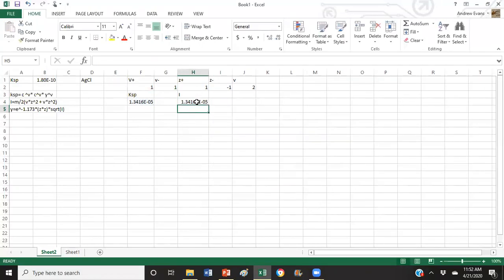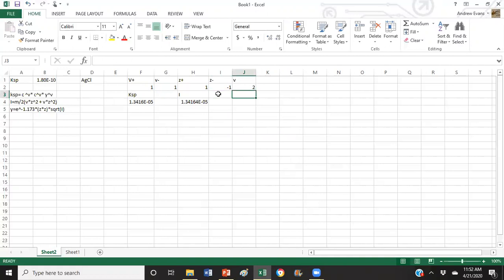I need to put a multiplication factor. Because of that, it's just 1 squared plus 1 squared is 2, divided by 2. So the ionic strength has not changed.